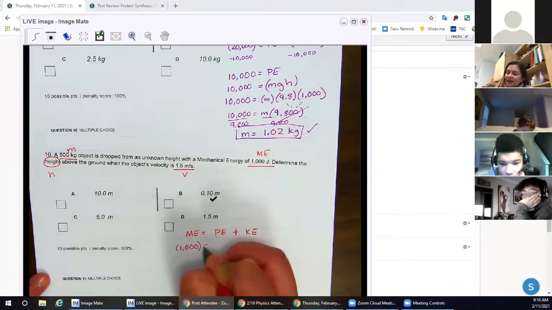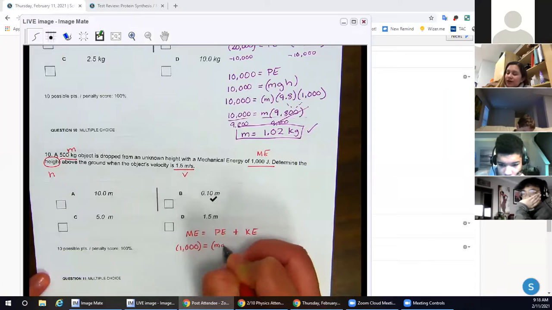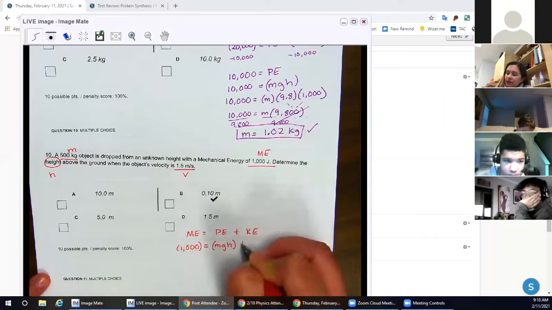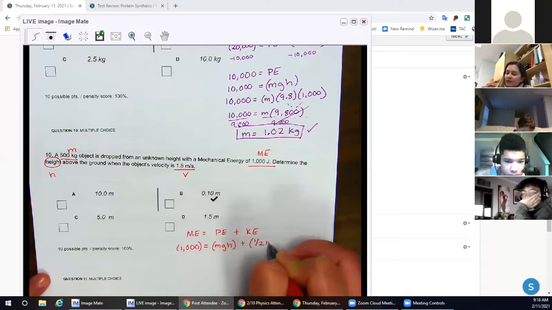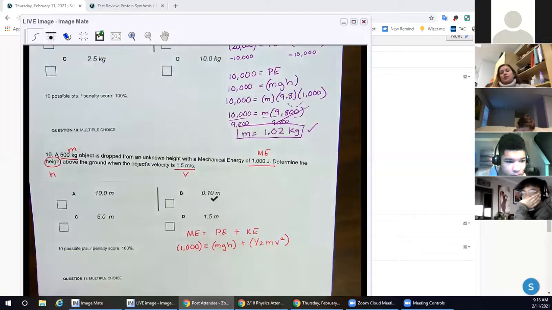So we're going to have 1,000 equals mass times gravity times height plus 1/2 mass velocity squared. During conservation of energy, you can take out mass, but this is not a conservation of energy formula. This is a mechanical energy formula. So we don't have kinetic plus potential equals kinetic plus potential. We can't take out mass. So you do need to leave mass in this problem.